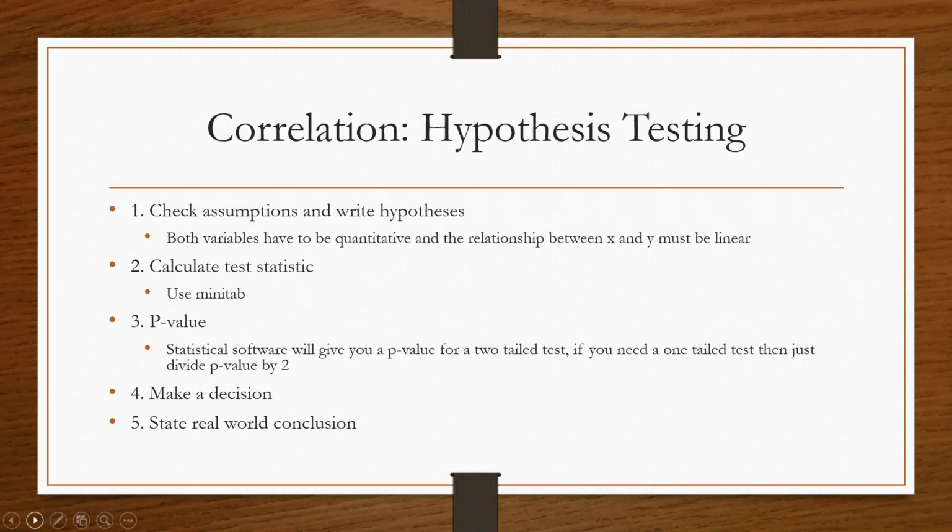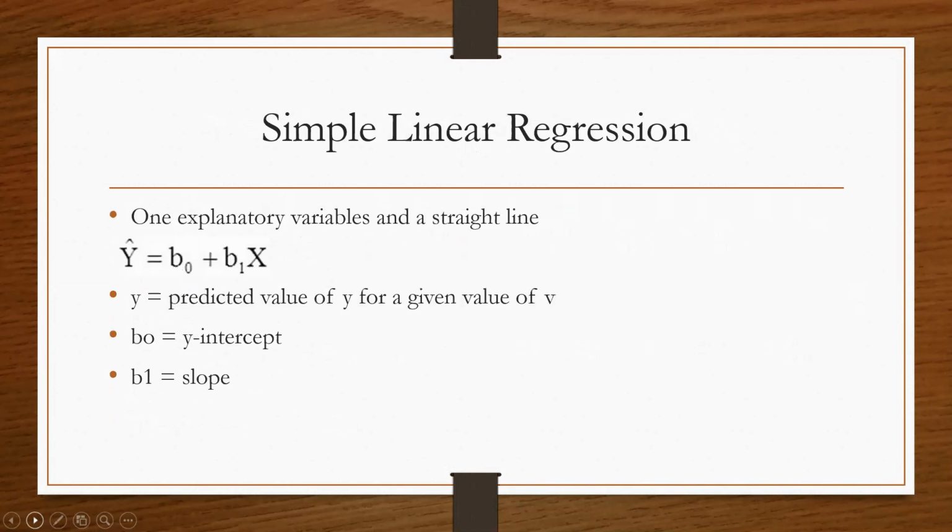For your p-value, you'll get it from whatever software you use, but it's going to give you a p-value for a two-tailed test. If you need a one-tailed test, where it's saying less than or greater than rather than not equal to, all you have to do is take that p-value and divide it by 2. Then from that, you make your decision and state your real-world conclusion.